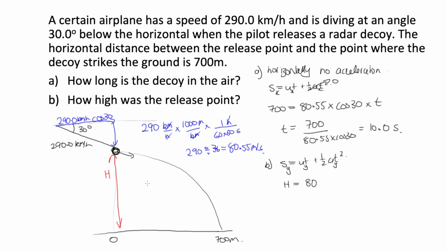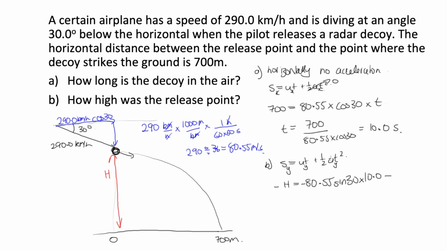If we count the initial height as 0, then it ends up at minus h, a height h below its initial point. I'll put the negative signs in, as it's probably less confusing. The initial speed is 80.55 times the sine of 30, times t, which we've just calculated as 10 seconds.